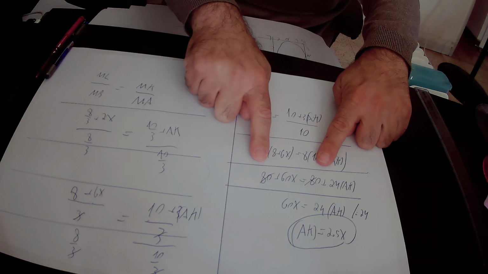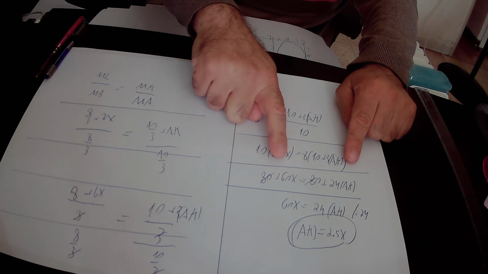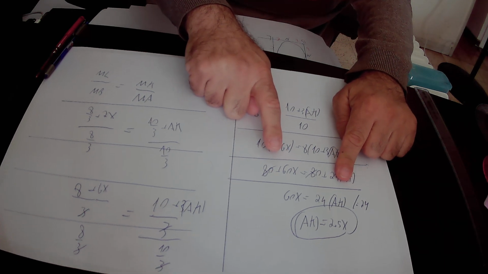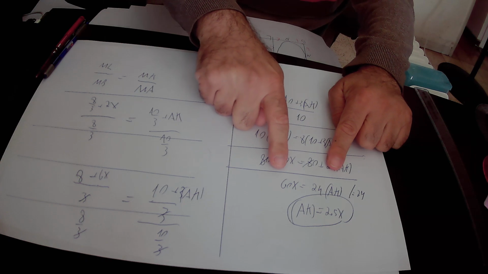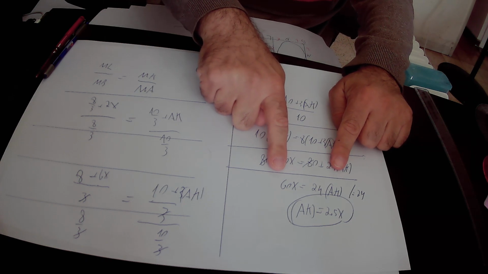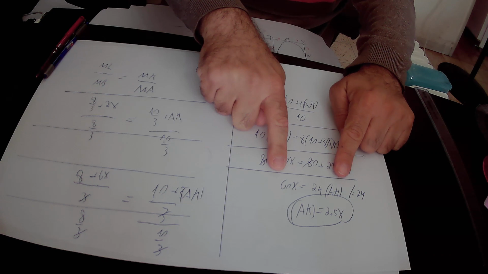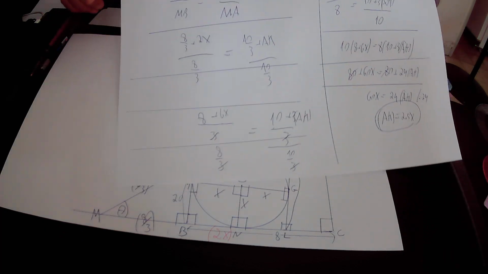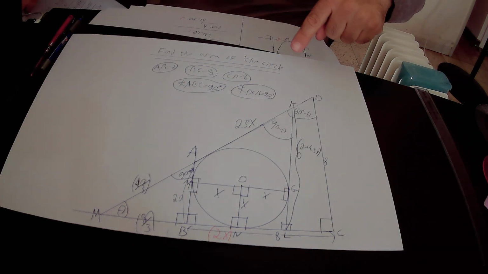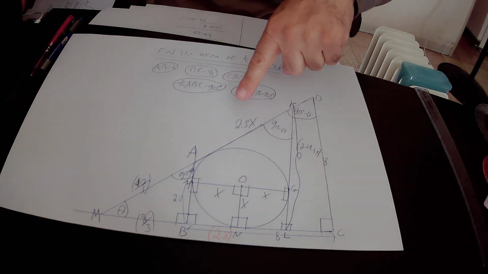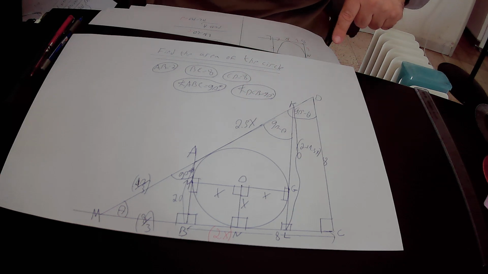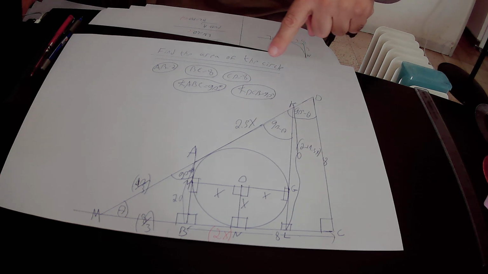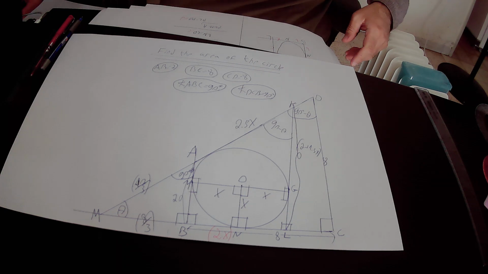And we found out that 60x equals 24AK. We divided this equation by 24, and finally found out that AK equals 60x over 24, which is 2.5x.